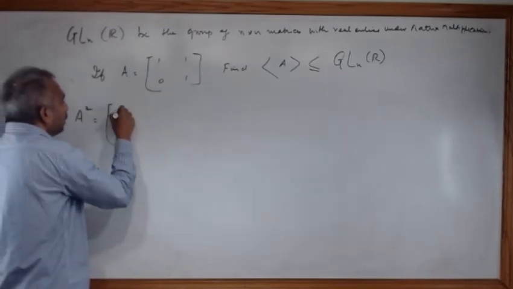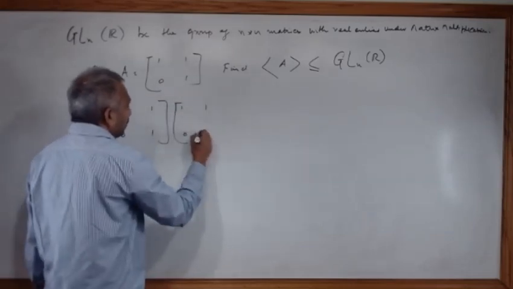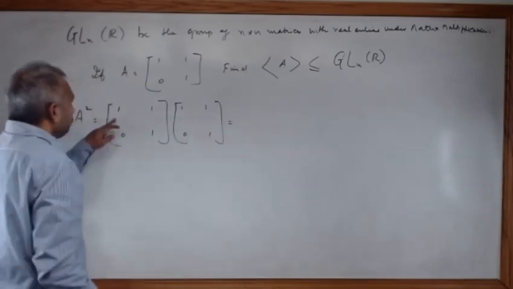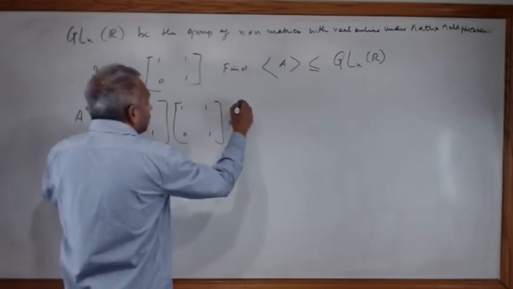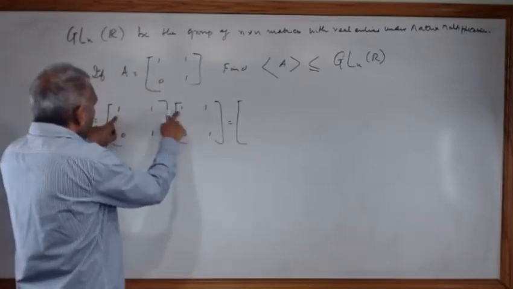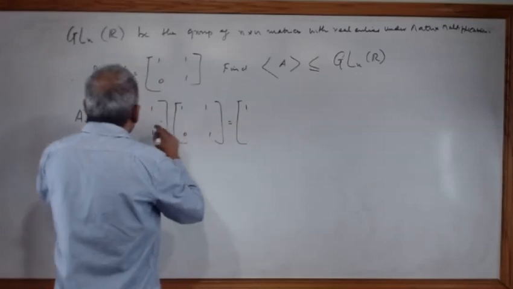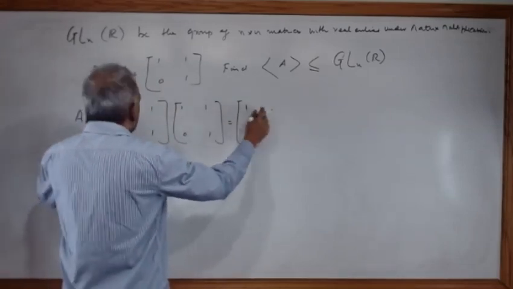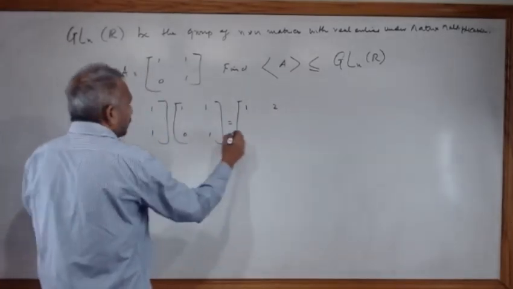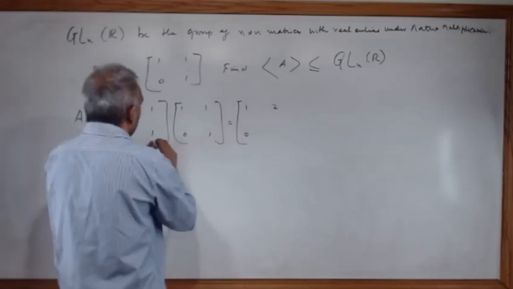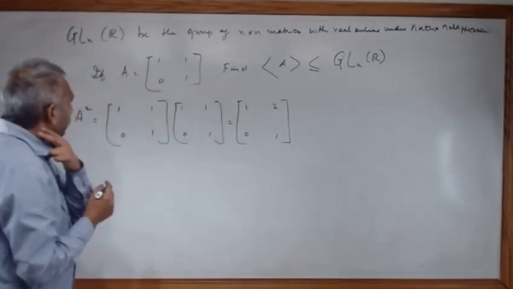See what happens. 1, 1, 0, 1 times 1, 1, 0, 1 equals 1, 2, 0, 1.